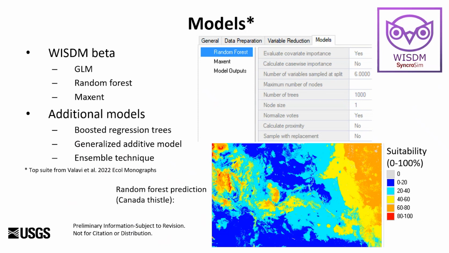They're the ones that were the top performing from within that publication. And then for each of the algorithms within WISDM, there's different parameters specific to that algorithm that you can specify parameter values for and change those.